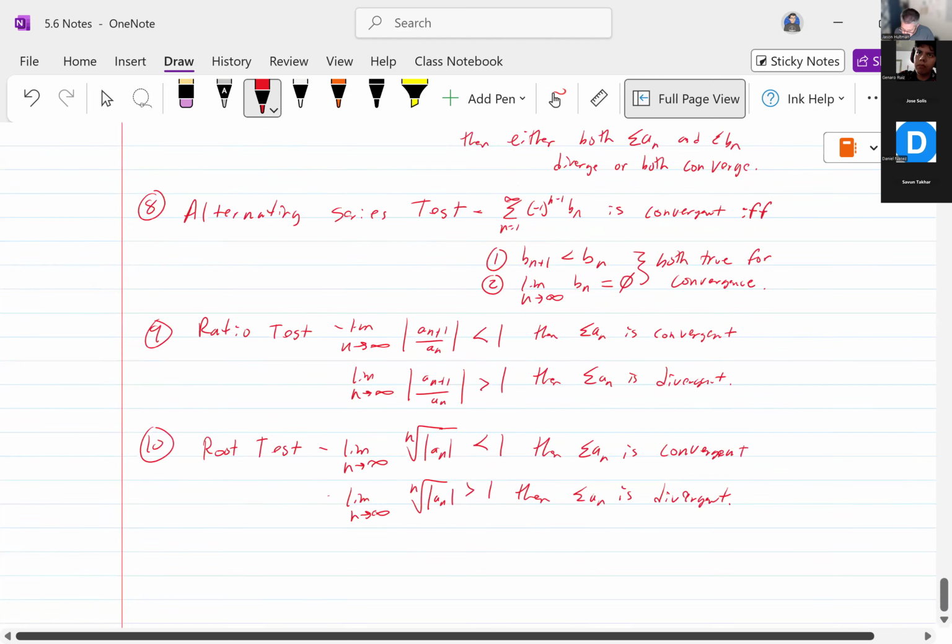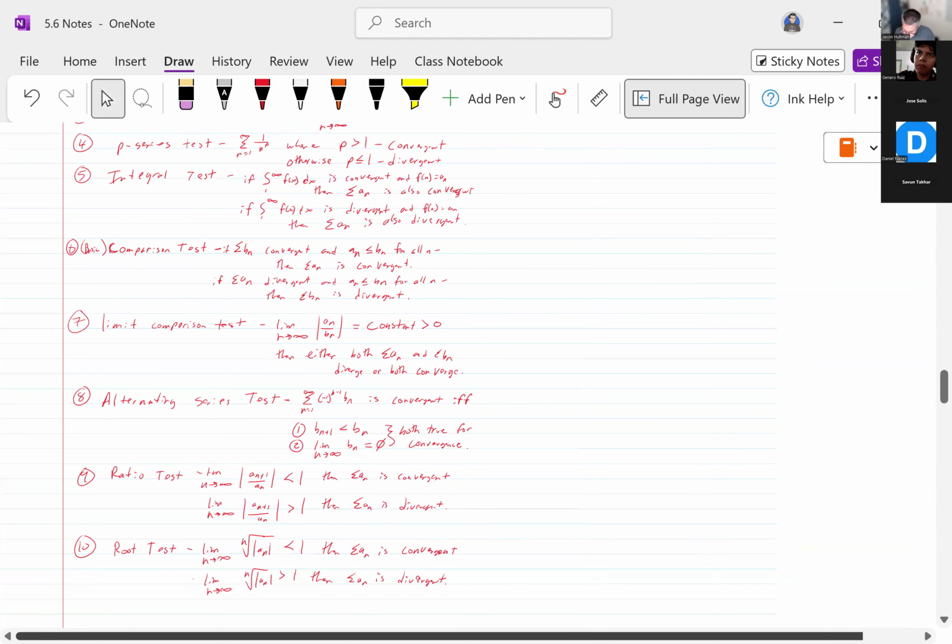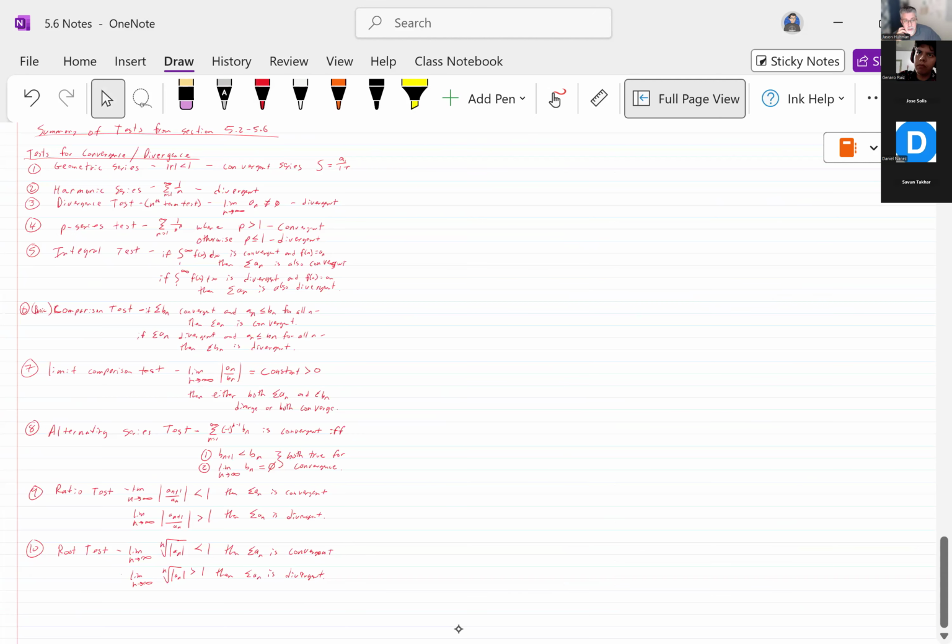So all 10 tests, in a nutshell, are right here. Okay, a summary of all the tests that we've covered. Now, on the exam, it's going to say, here's a series, choose a test, and test for convergence. There may be one or two or three tests that you could use.